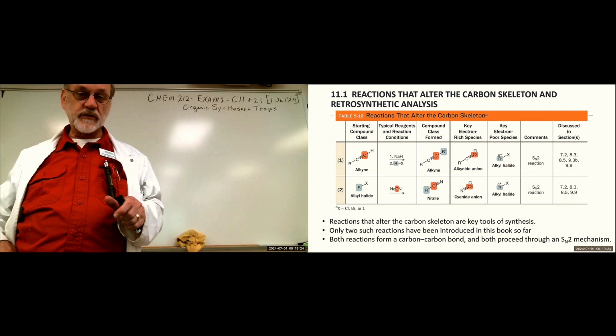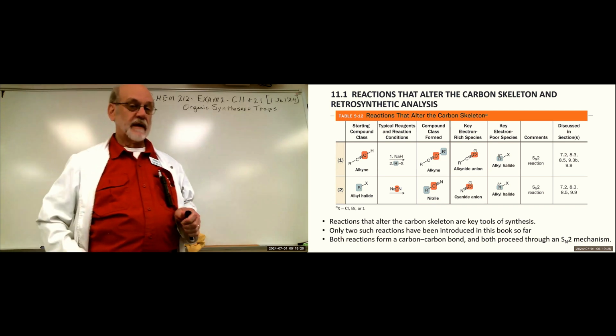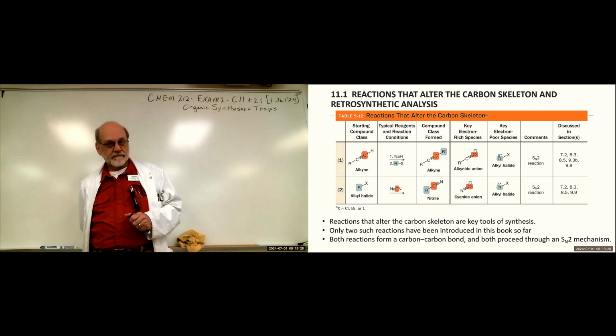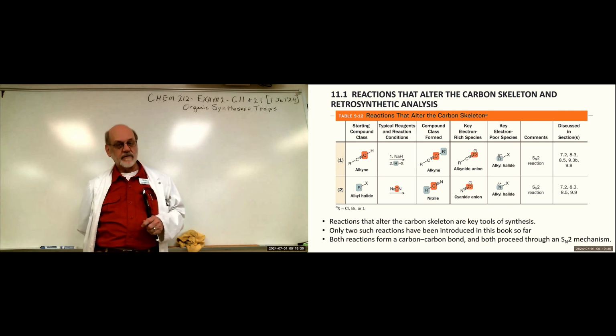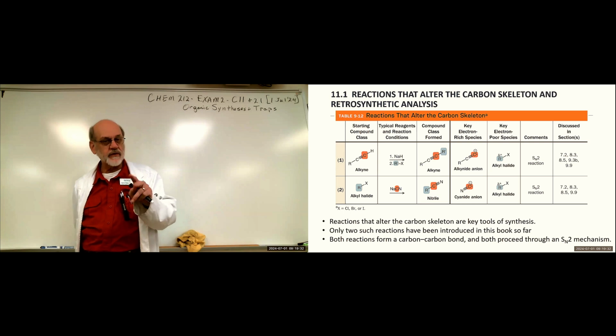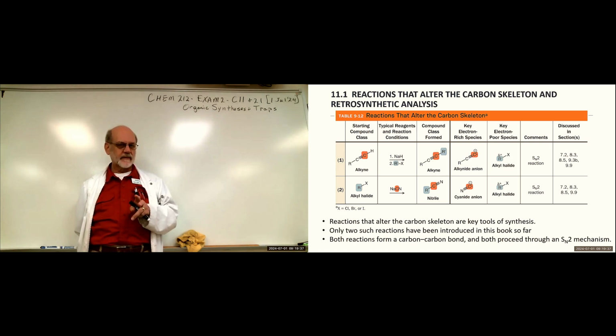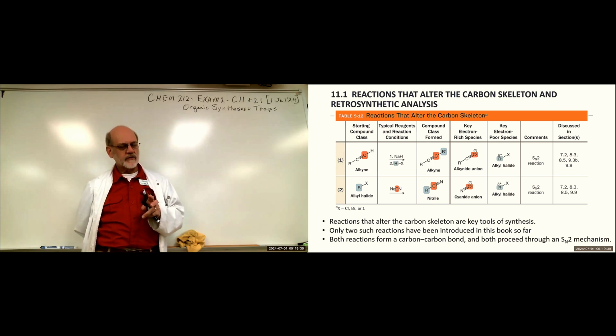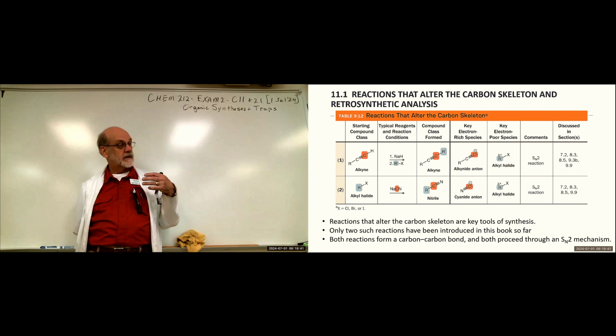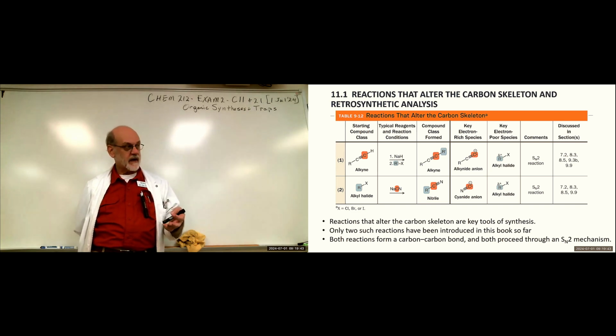Both of these reactions proceed by an SN2 reaction. Now, the one thing that you have to have for an SN2 reaction, well, two things actually. You need to have a strong nucleophile. So in that first reaction, your strong nucleophile is the hydride ion, the H minus.